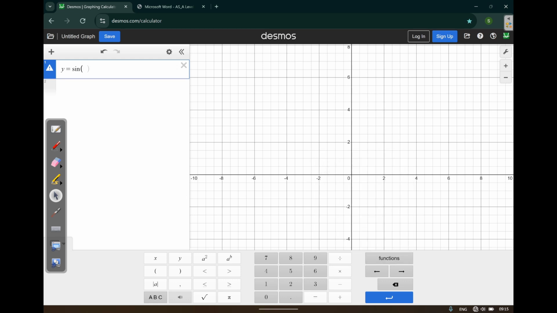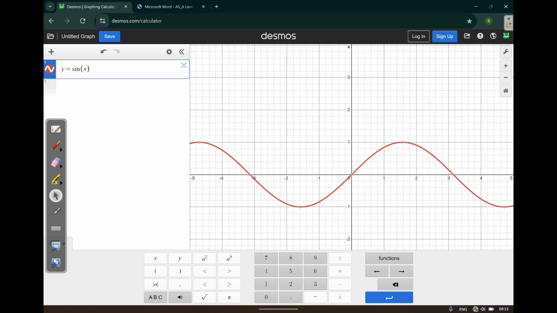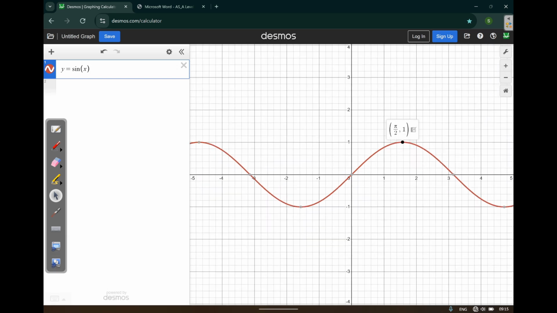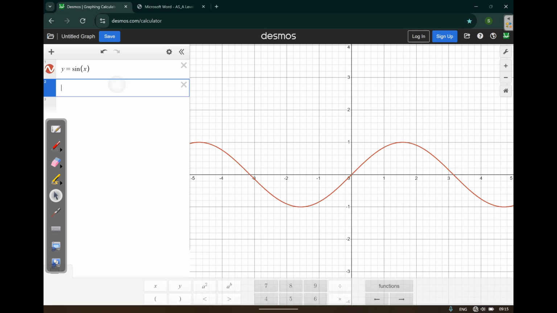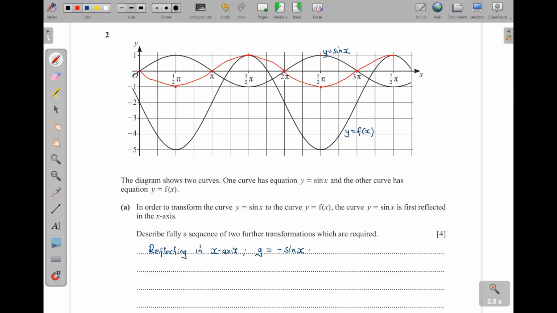Now, for sine x, its period is the number of degrees it takes for it to repeat itself. From 0, it comes to 2 pi, then again it continues. So the period is 2 pi.